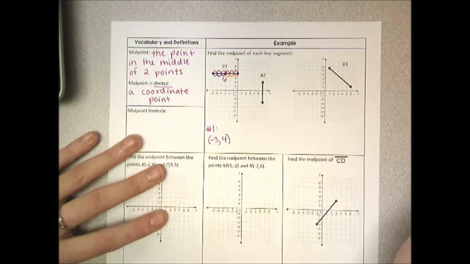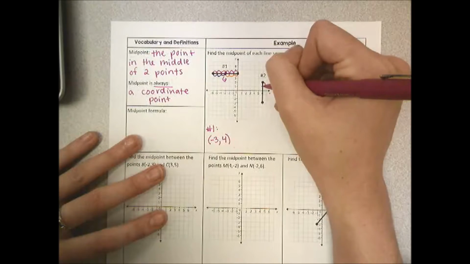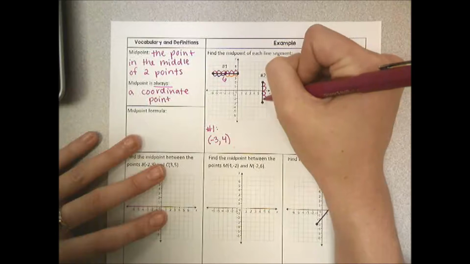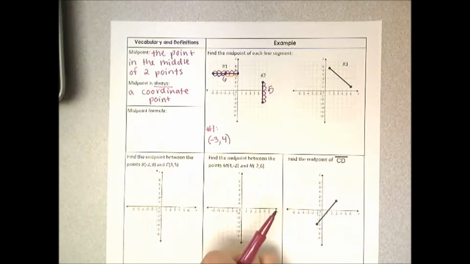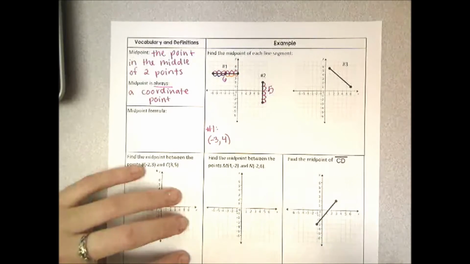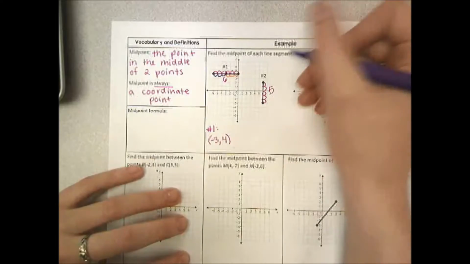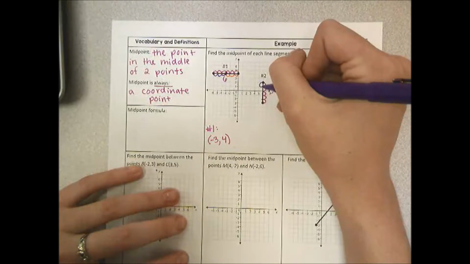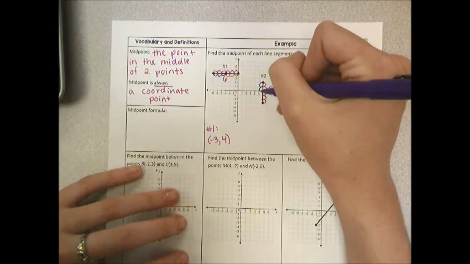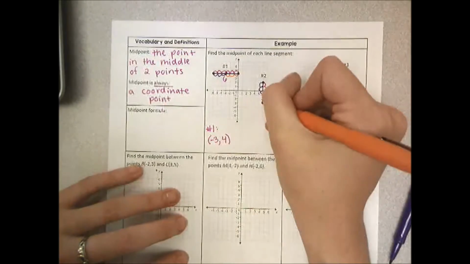There we go. We look at number 2 here. I'm going to count the total distance. 1, 2, 3, 4, 5. This is a little bit of a tricky one. If our total distance is 5, 5 divided by 2 is not a nice even number. It's going to give me 2.5. So I'm going to do my best here to estimate. I count 1, 2, I'm going to count in the middle of that last one since I know it is 2.5.